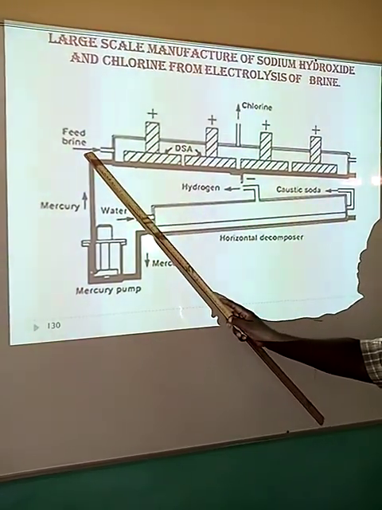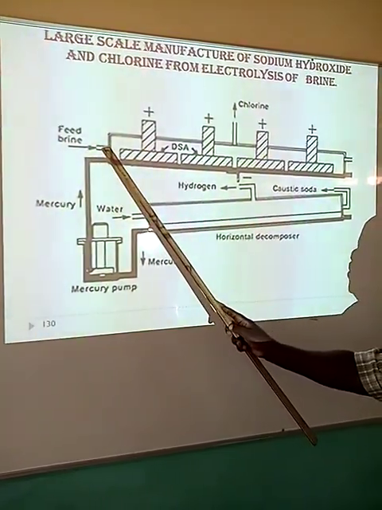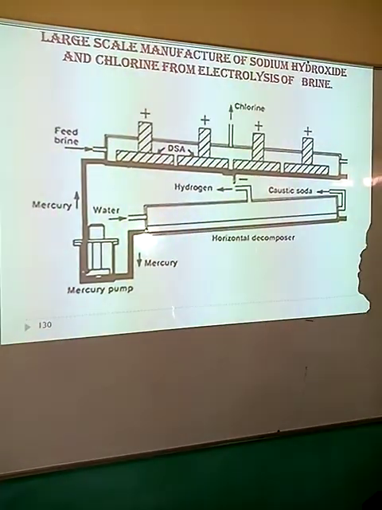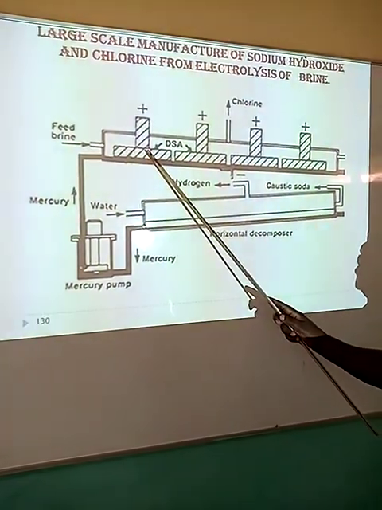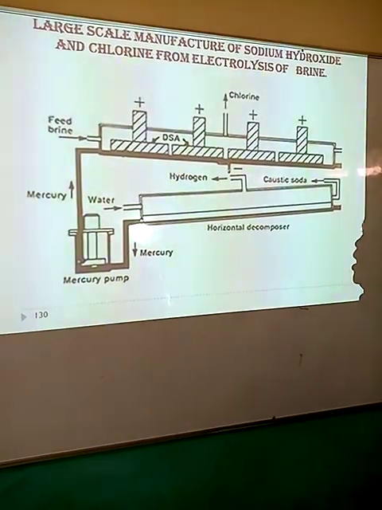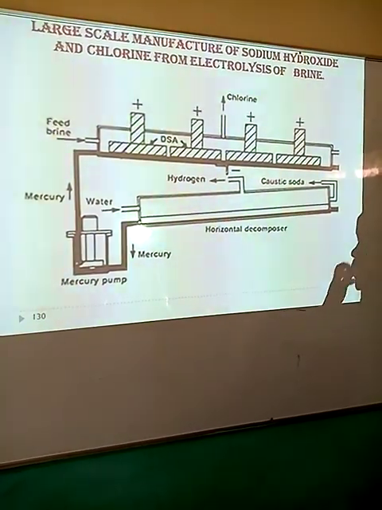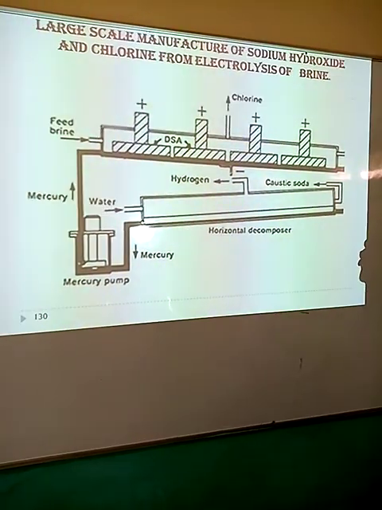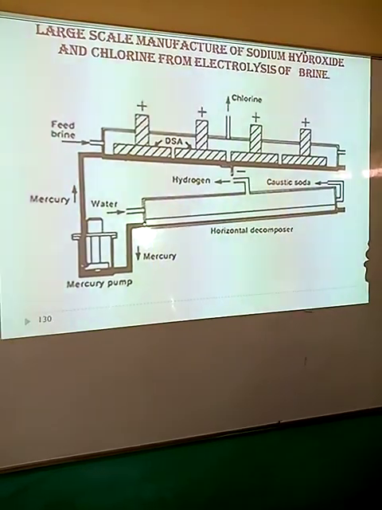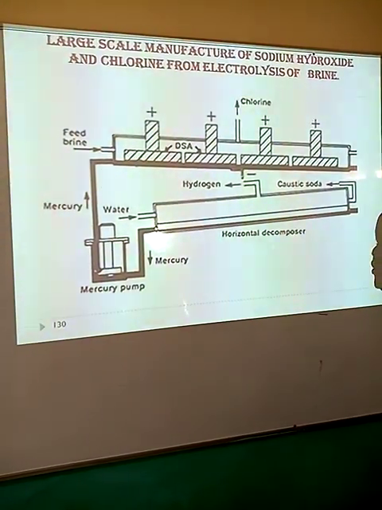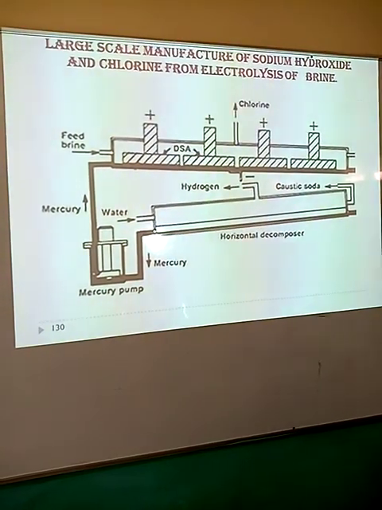So when this mercury cell is fed with brine, which is concentrated sodium chloride, this anode will attract the negatively charged ions. Remember, brine is made up of sodium chloride dissolved in water, and therefore there are some water molecules and also sodium chloride dissolved in it.